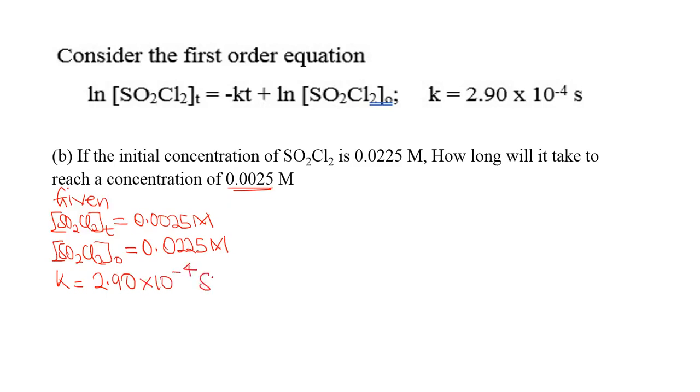I said this one should be s to the power negative 1, so I'm changing this to s to the power negative 1. What do we want to determine? We want to determine t. That's what we want. We want to find t.